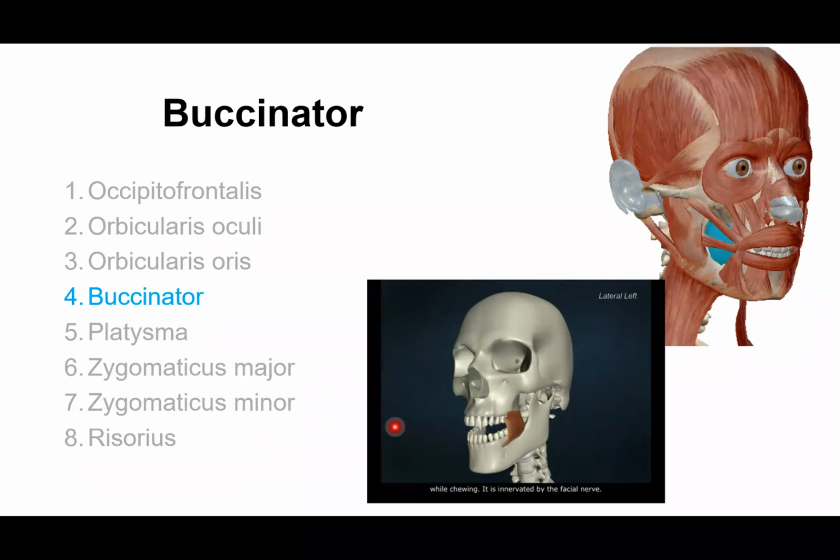So this is an example of some of the videos that I'll have in this lecture for you. All of these images are taken from the Visible Body courseware. And so if you look in our Sakai site, you'll see a link to register for this site. So you guys can actually go in and play around with this and locate these muscles on your own.